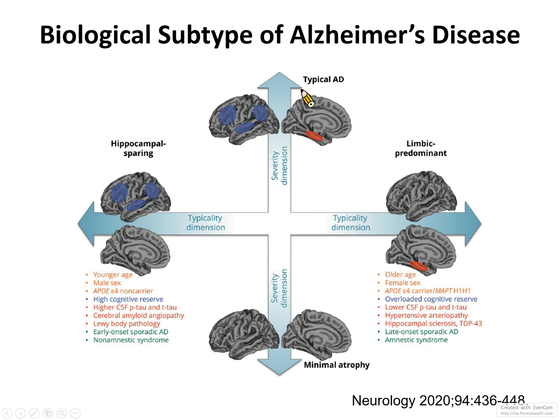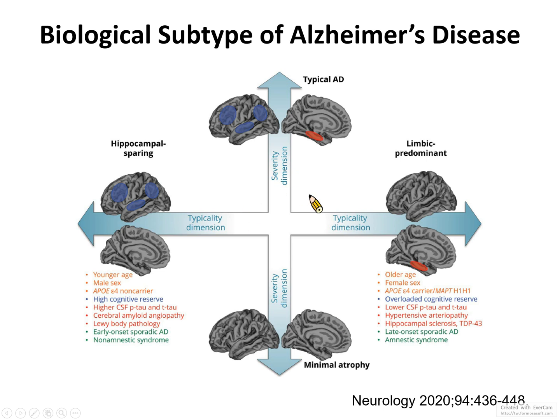And the other axis is the severity dimension, where typically AD will have a severe decline in cognitive functions, accompanied with brain atrophy. But on the other side of this axis, we can see some patients with minimal atrophy and a lesser extent of decline in cognitive functions.